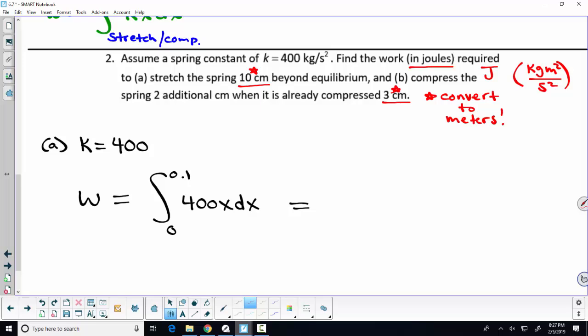So the 400, the units are kilograms per second squared. What are the units for x? Meters. The units of dx? Meters. So we've got kilograms meters squared per second squared. That's our joule. So you should get 2 joules as the answer.